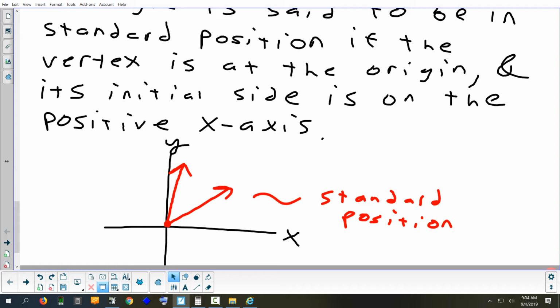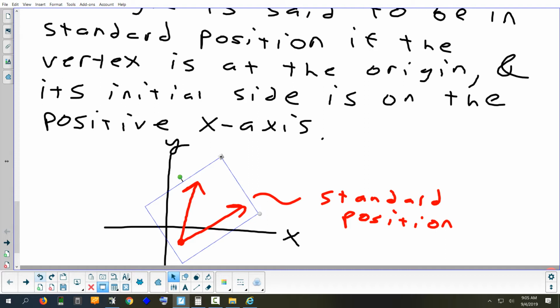Because the initial side is no longer on the positive x-axis. The vertex is at the origin, that's fine, but there has to be both. The vertex has to be at the origin, and the initial side has to be on the positive x-axis. So what if I did this?